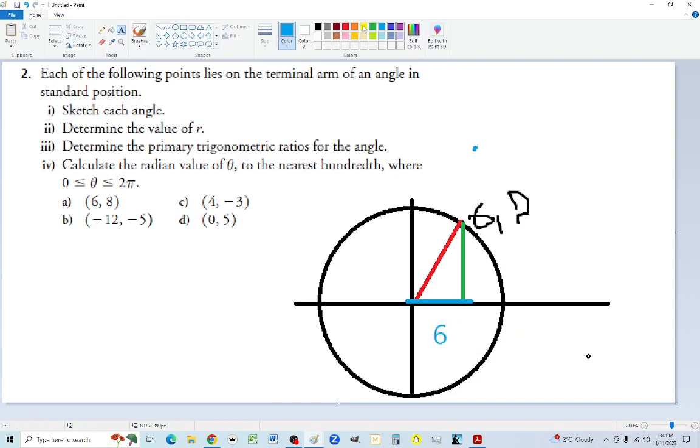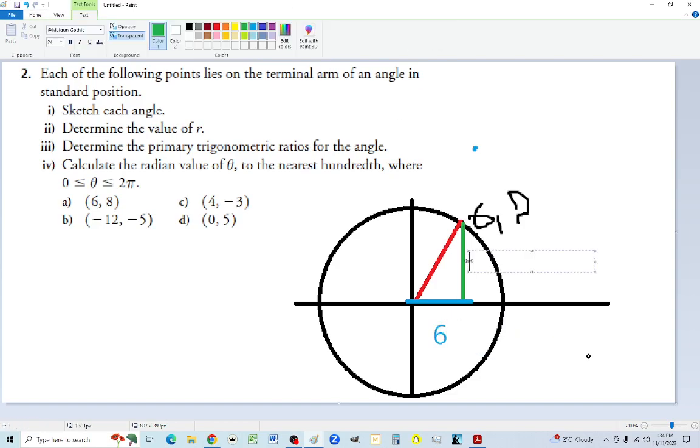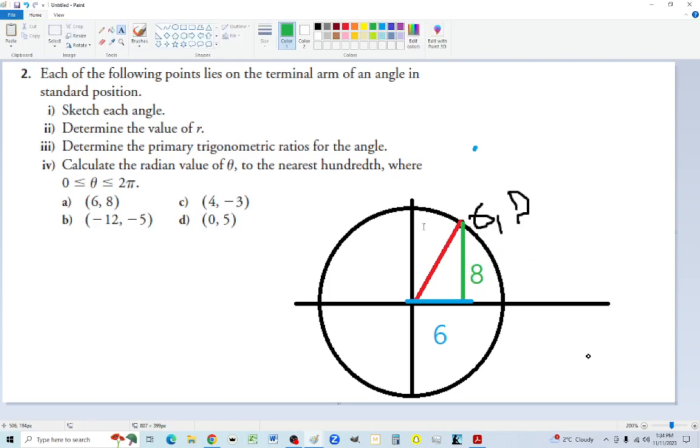Since 8 is the y value, this green line is 8. To figure out the hypotenuse, you do 8 squared, 64, plus 6 squared, 36, which is 100. Then this will be the square root of 100, which is 10. So that means our r is 10.